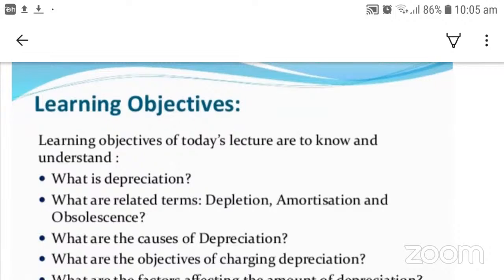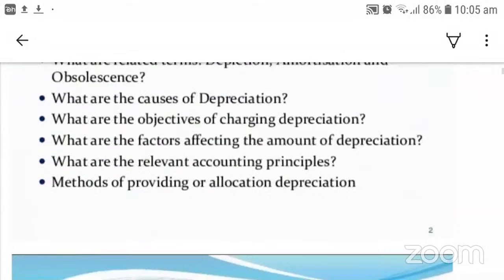What are the causes of depreciation? What are the objectives of charging depreciation? What are the factors affecting the amount of depreciation? What are the relevant accounting principles, and methods of providing allocation of depreciation? These we are going to discuss in this class today.